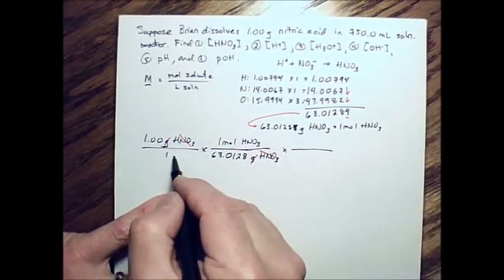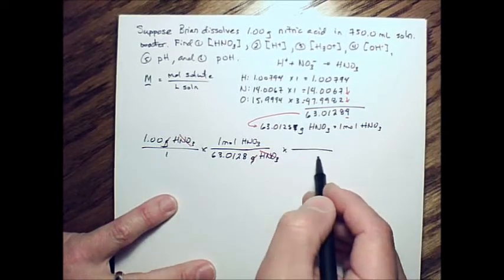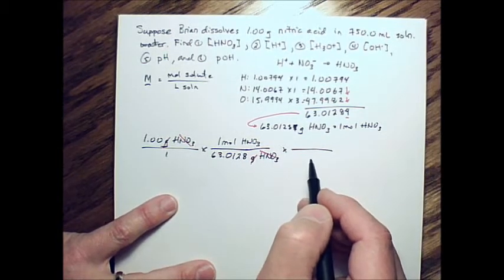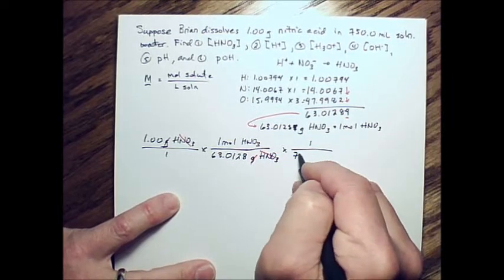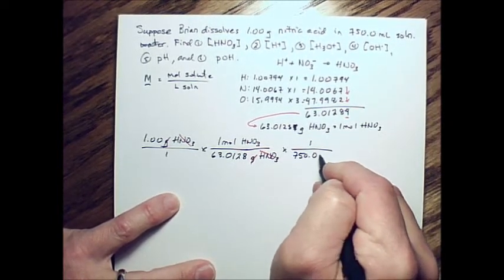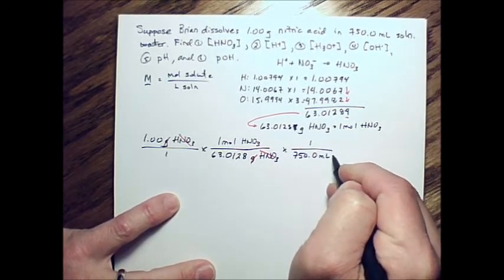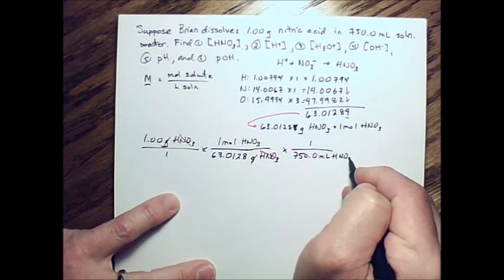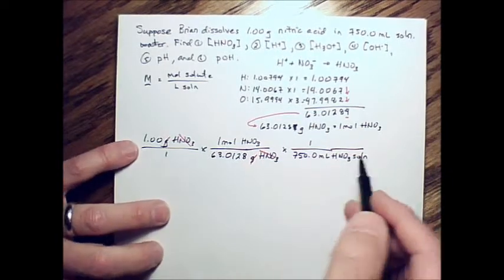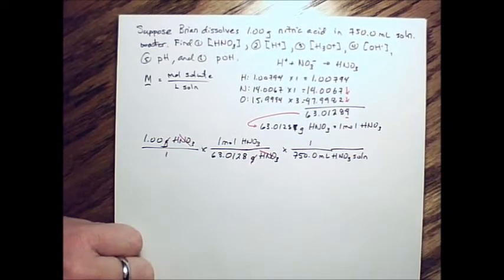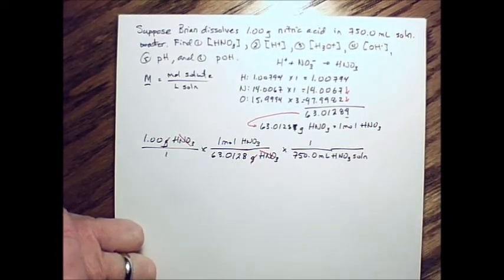I'm going to put it on the bottom here, but either way works fine: 1 over 750.0 milliliters of nitric acid solution. To convert milliliters into liters, I need an equality statement.